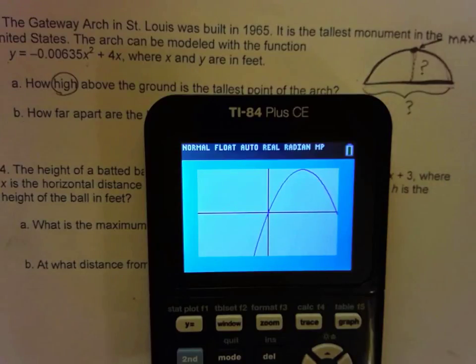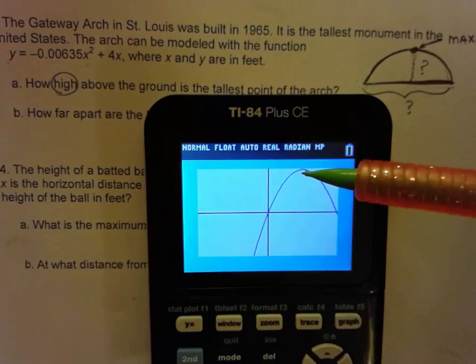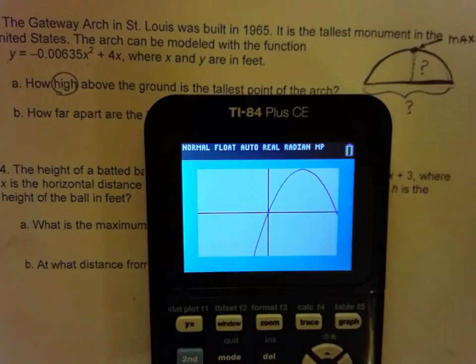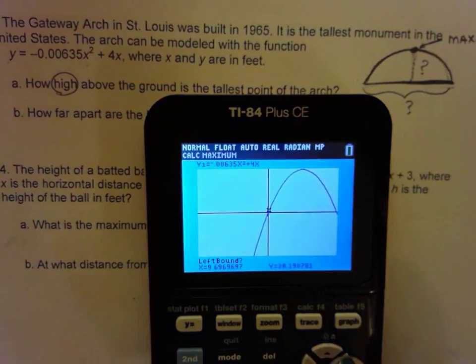We want to figure out how high above the ground the tallest point is. So the tallest point is going to be right there. We're going to look for the vertex. So second, trace, go down. This is a maximum in this case. We're going to go a little bit to the left, and then a little bit to the right, and then hit enter.